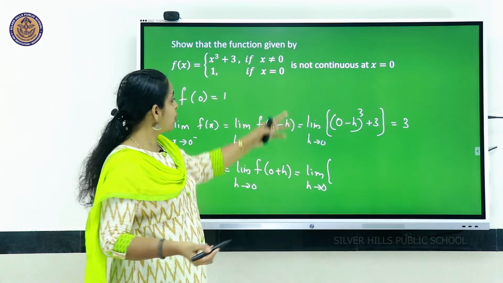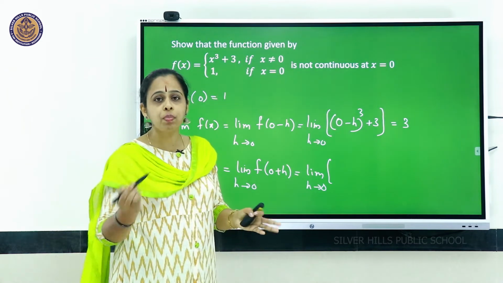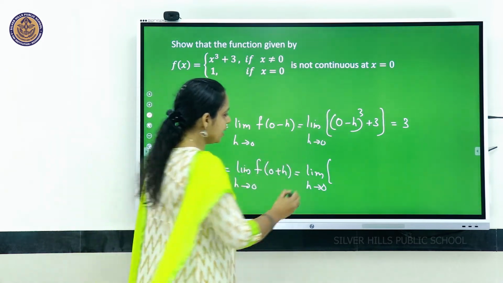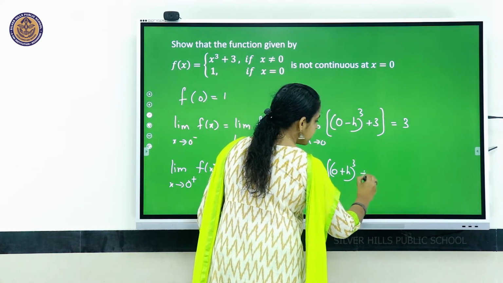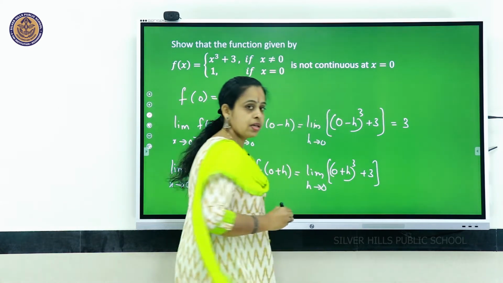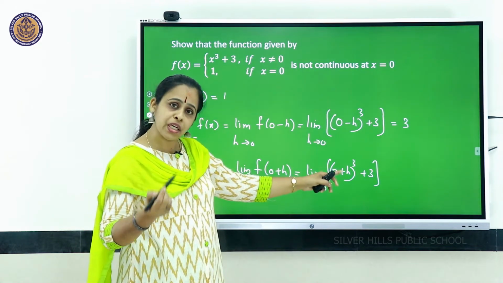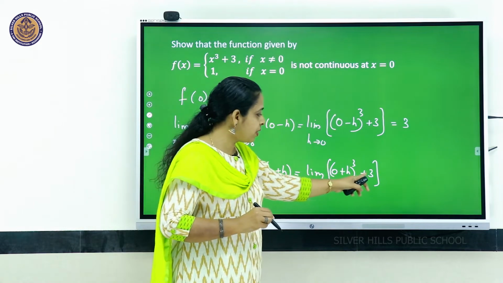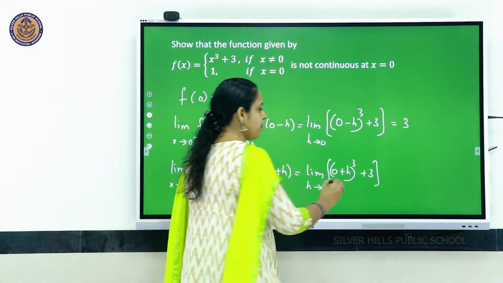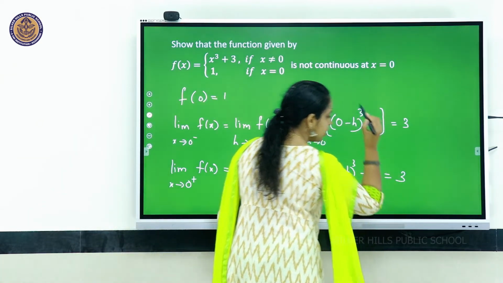Again, other than 0, everywhere it is having x cube plus 3 nature. So, we will write 0 plus h whole cube plus 3. 0 plus h whole cube is h cube. H is tending to 0, so that part will become 0. Then the remaining 3. So, the value will be 3.